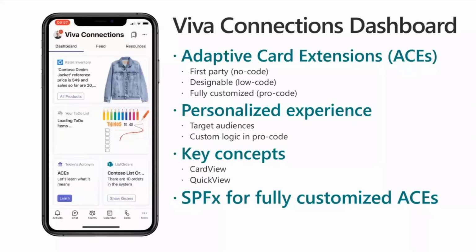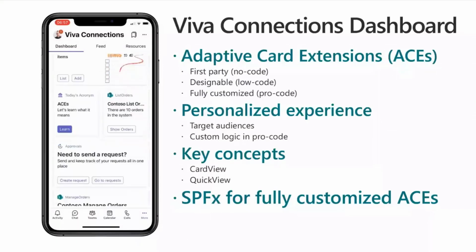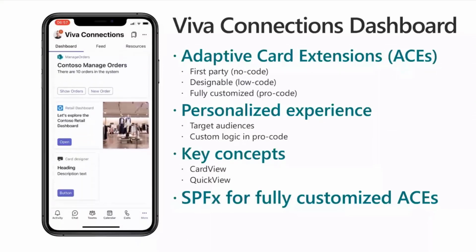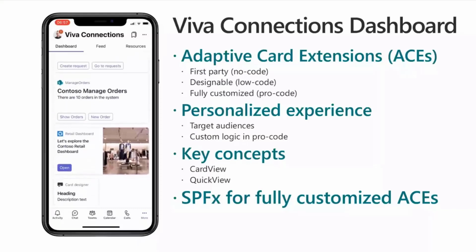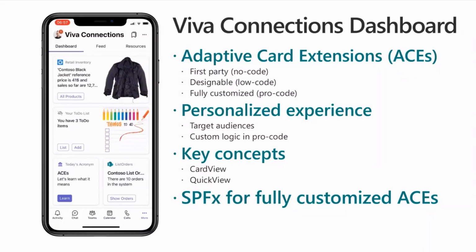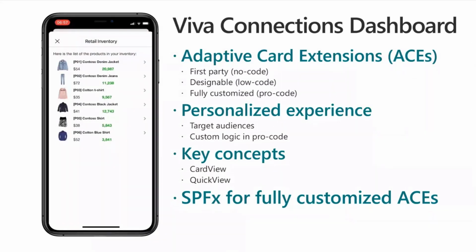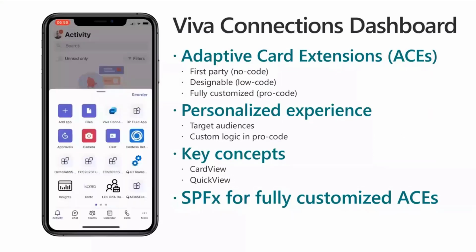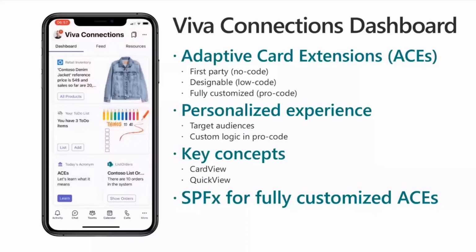Whenever you do that, you use SharePoint Framework because SharePoint Framework is nowadays the framework for extending Viva Connection dashboard, and you create ACEs, so the adaptive card extensions. Actually, whenever you want to extend the Viva Connection dashboard, you can do that either using a fully customized approach, so the so-called pro-code approach, but you can also use the no-code one, which relies on just configuring on the dashboard a set of cards provided by Microsoft, so the so-called first-party cards.